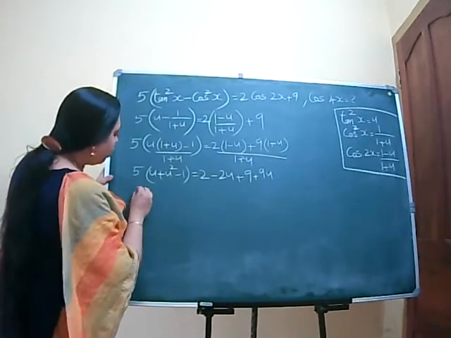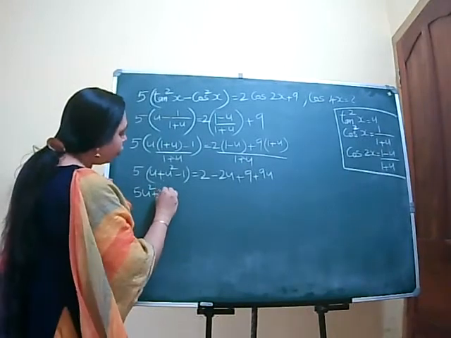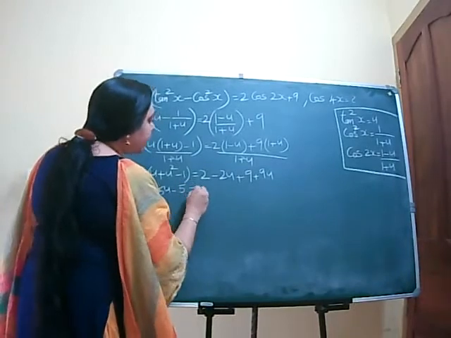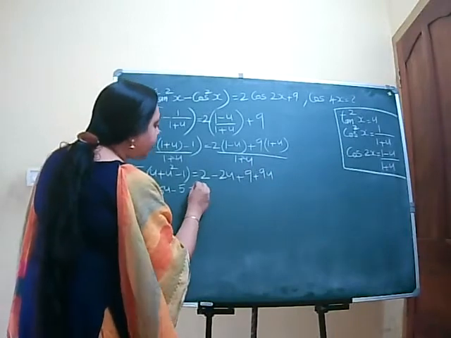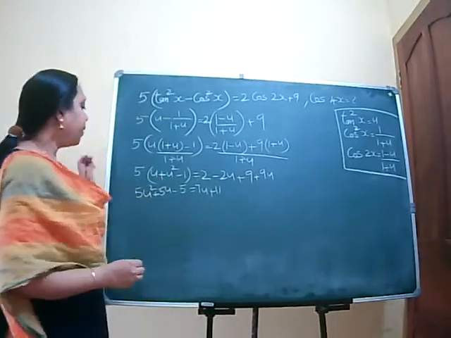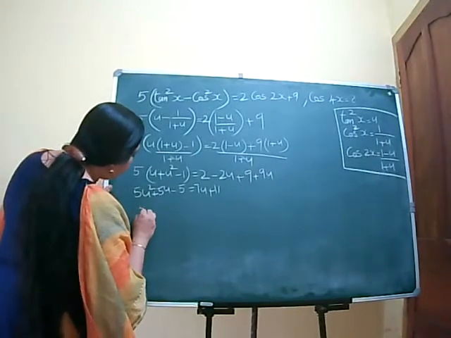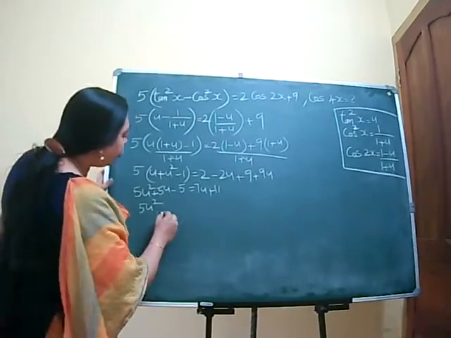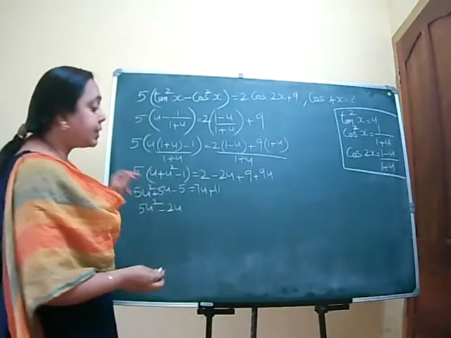Now we get 5u square plus 5u minus 5 is equal to, here this becomes 7u plus 11. Now this becomes 5u square minus 2u minus 16.